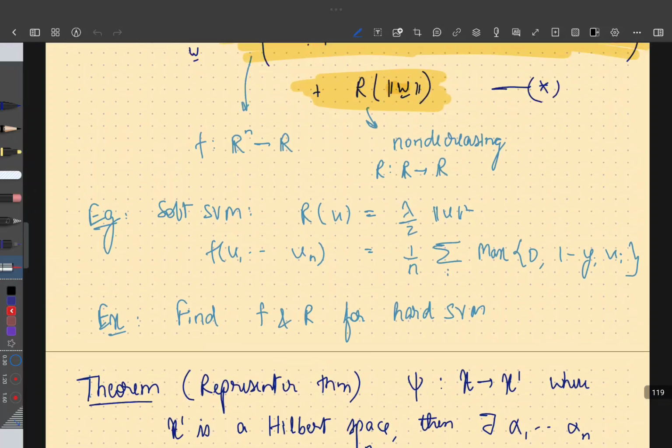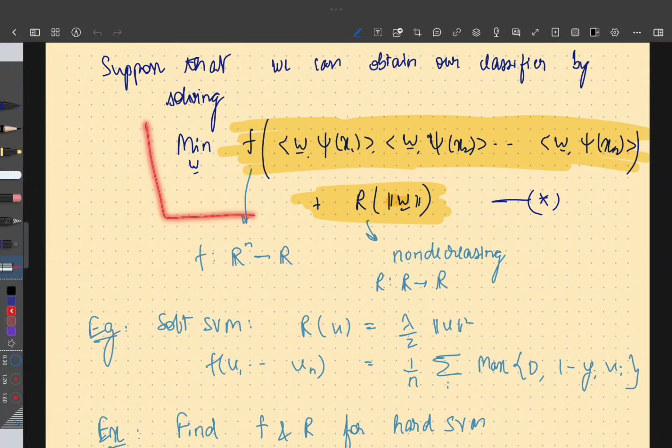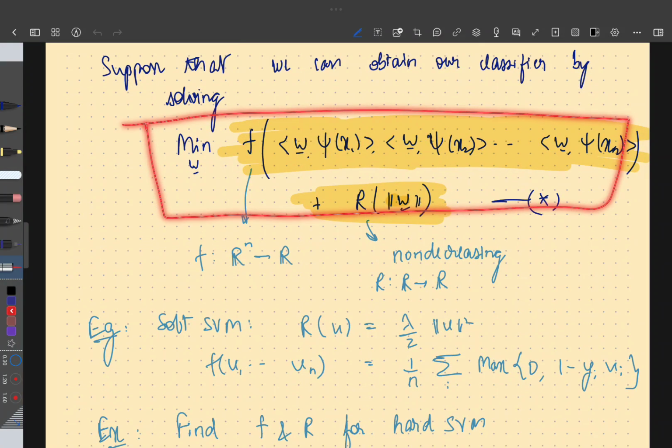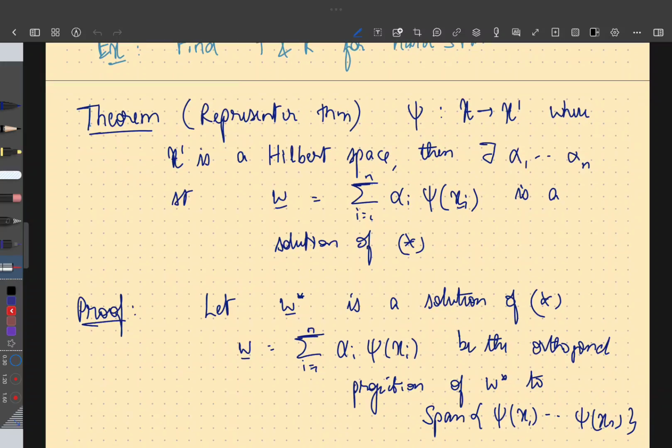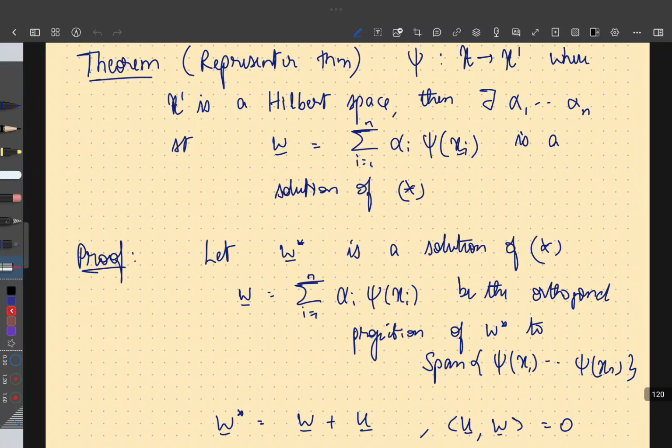So in other words, to solve any optimization problem that looks like this, it's enough to optimize over just these coefficients alpha 1 through alpha n. Now the complexity, instead of scaling with the dimension of the feature space, just depends on the number of data points involved.